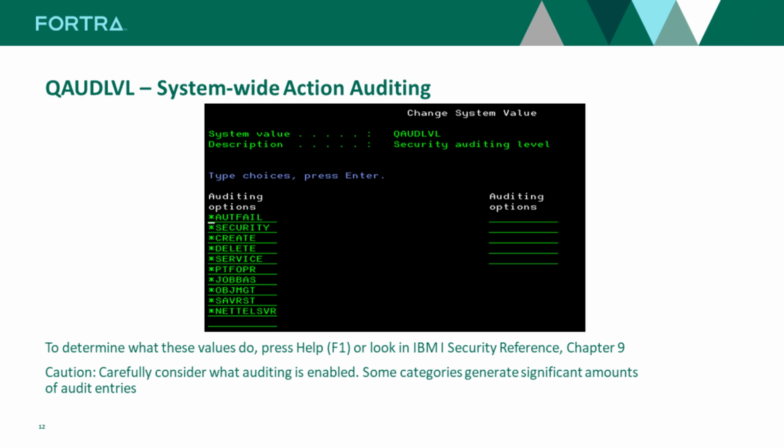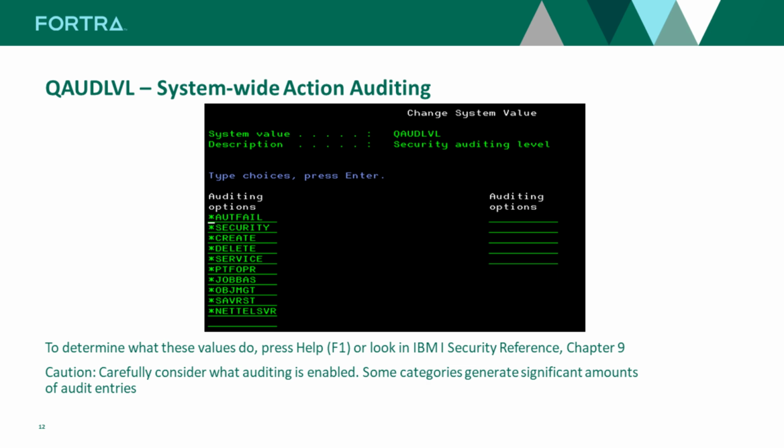PTF operations, those just help auditors and let you know if you have your system being managed by a third party. When they load PTFs and they've told you everything's up to date, hey, make sure. Take a look and see what PTFs actually got loaded and when. The next ones are the noisy ones. So the *JOBBAS, that can get super noisy and busy and take up a lot of space when you've got a lot of jobs starting and ending.